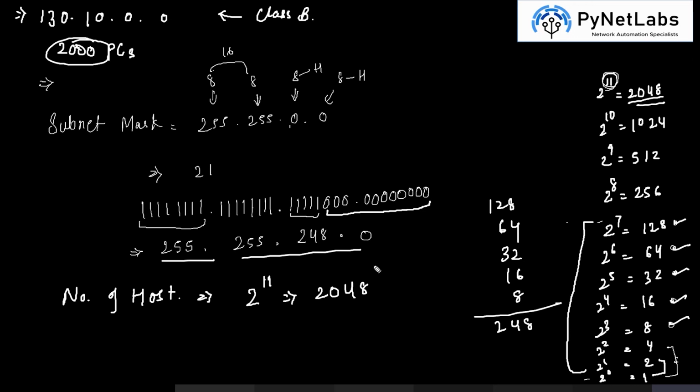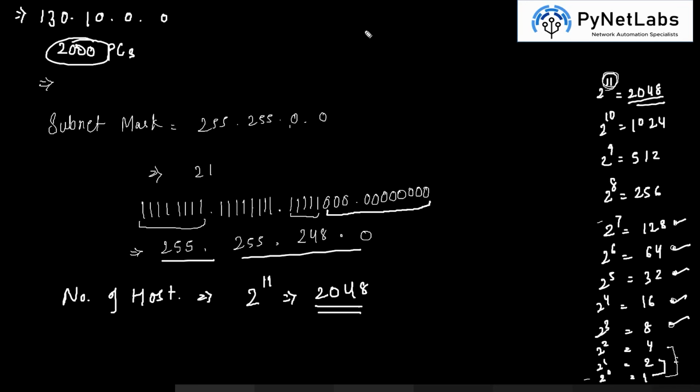You don't have to calculate everything again and again. You can just simply write this somewhere near your calculation book, and you can just refer to this formula whenever you need any value. So now we have the number of hosts which has to be there in the range. Now we will move ahead to the range part.